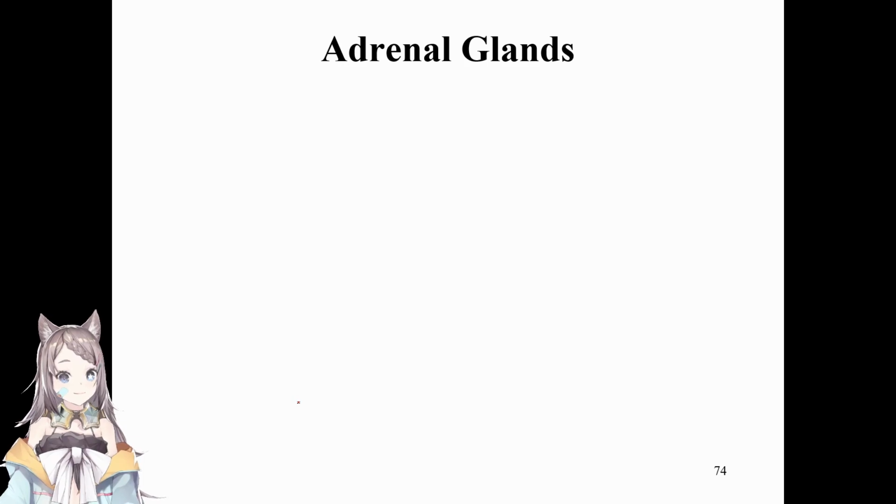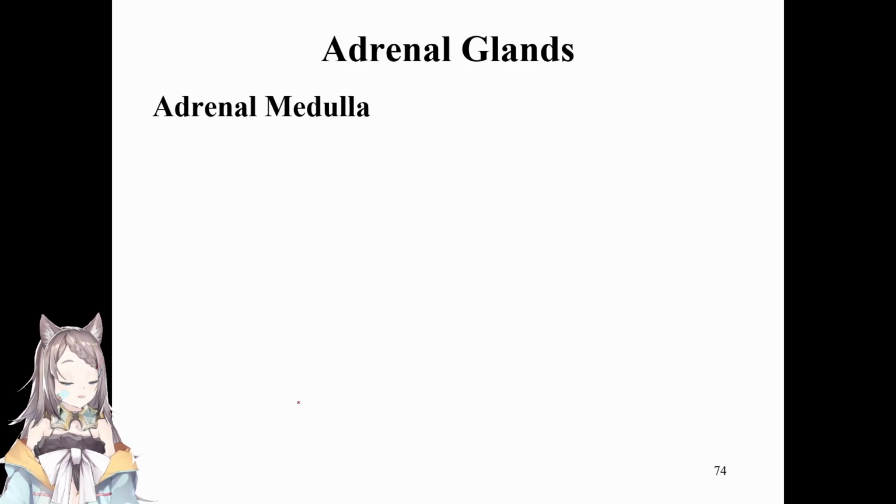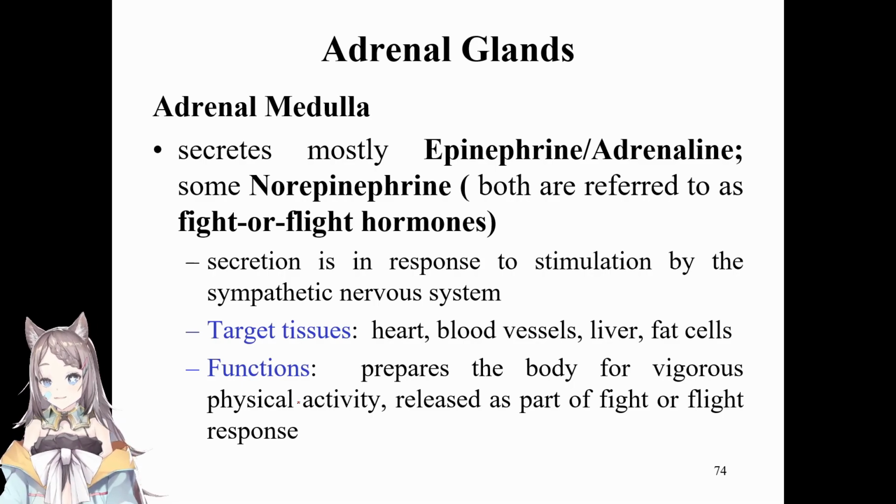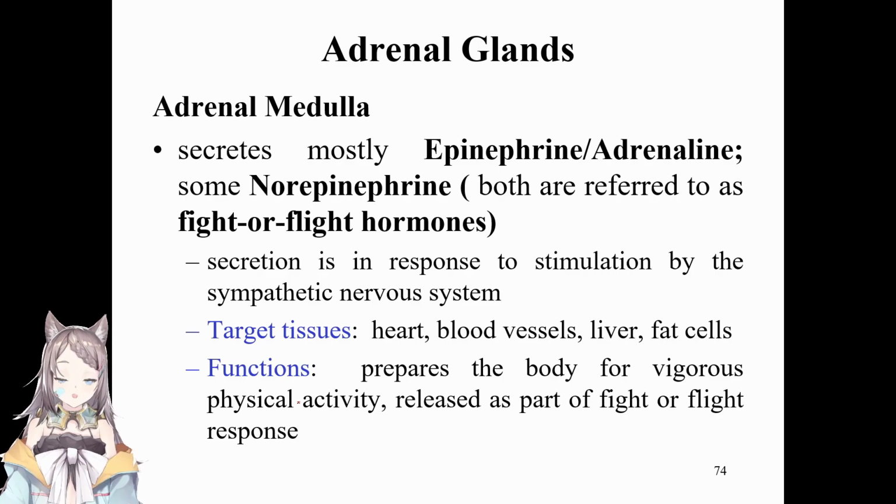So what are the roles of your adrenal glands? The adrenal medulla secretes mostly epinephrine and norepinephrine. These are referred to as your fight or flight hormones. Their secretion is the response of the body to stress, particularly through stimulation from our sympathetic nervous system.